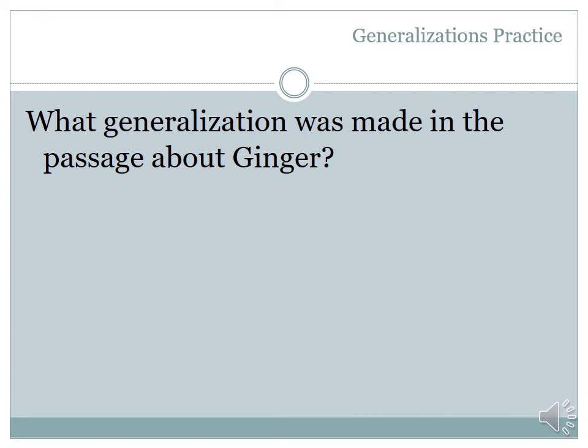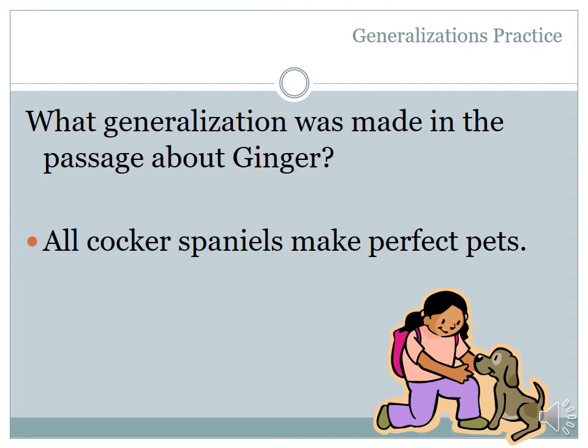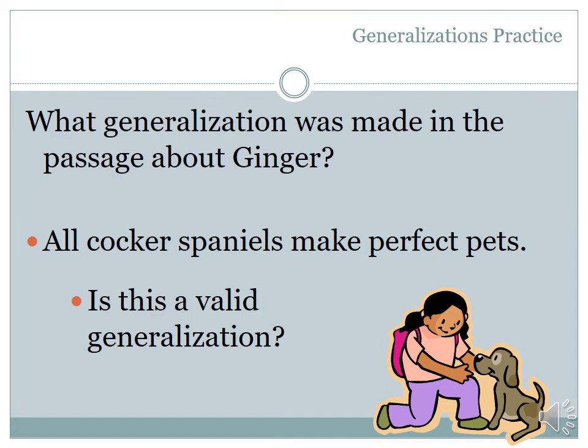In the passage about Ginger, what generalization was made? This is the generalization: all Cocker Spaniels make perfect pets. Is this a valid generalization? Yes or no? Okay, it is no. Why?